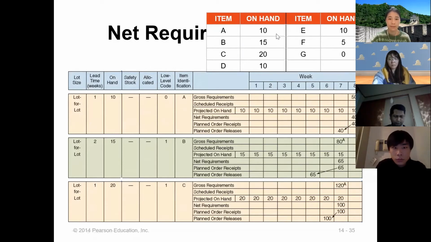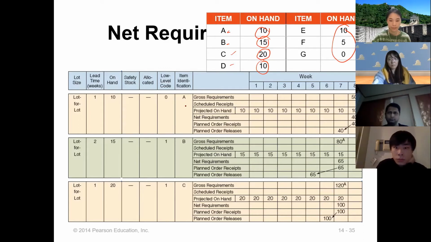In this case, the item on hand means inventory. For A, there is already 10 inventory. B, there is 15 inventory. C, 20. D, 10, and so on. So when you do the backward calculation to determine when you should order, or when you should have the components, you have to work backwards.